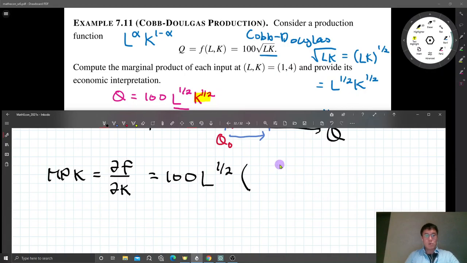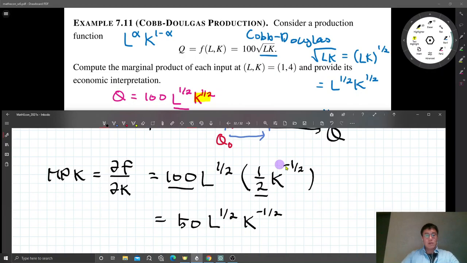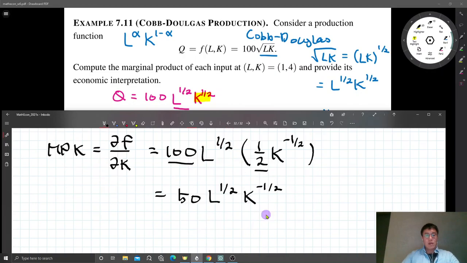So 1/2 K to the power negative 1/2. So 100 times 1/2 gives me 50 L to the 1/2 K to the power negative 1/2. So I can rewrite this as 50 times square root of L over K.